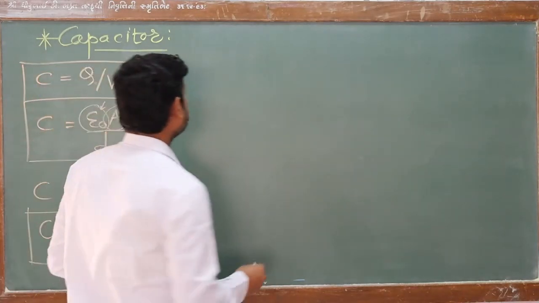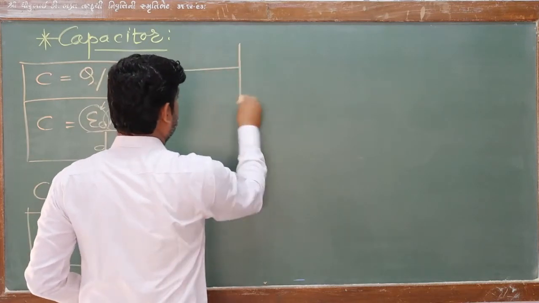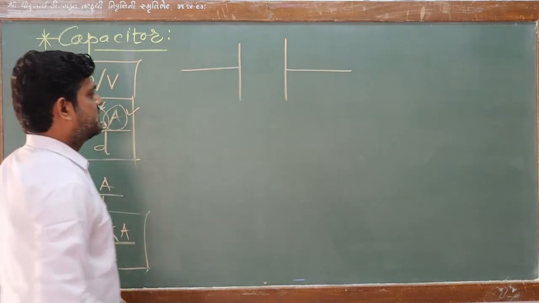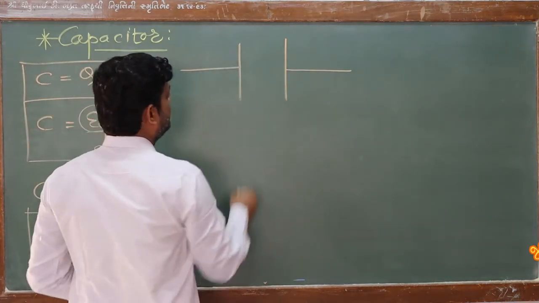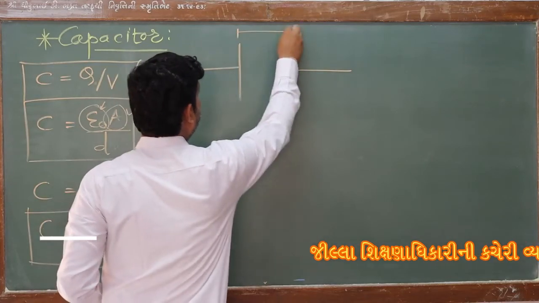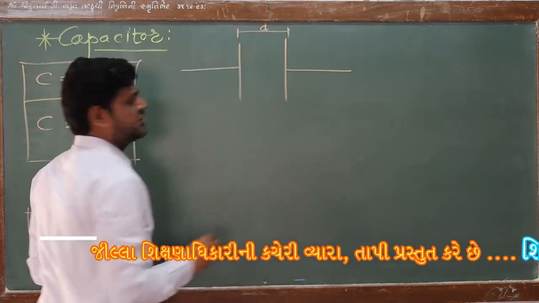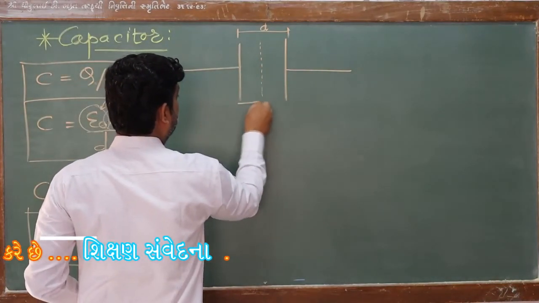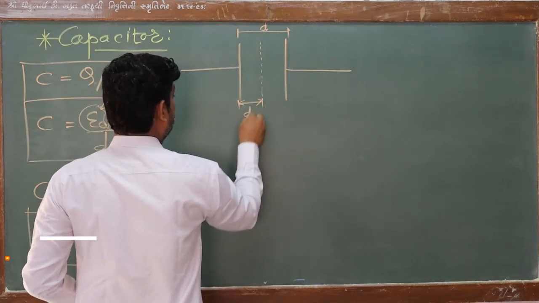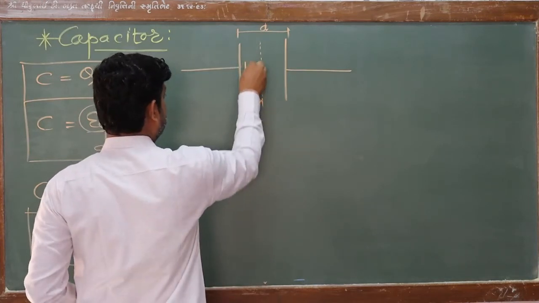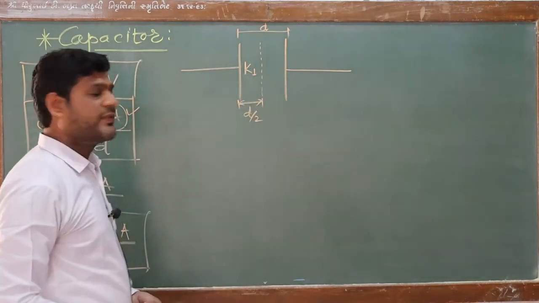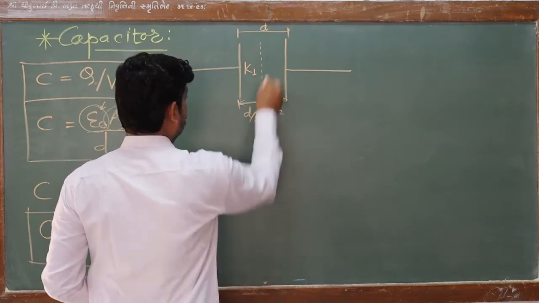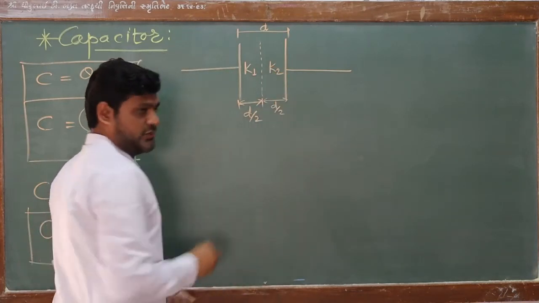Suppose we have a capacitor like this, and there is a medium. D is the separation between the two plates, and up to D by 2 there is one medium whose dielectric constant is K1, and up to the next D by 2 the dielectric medium is K2.